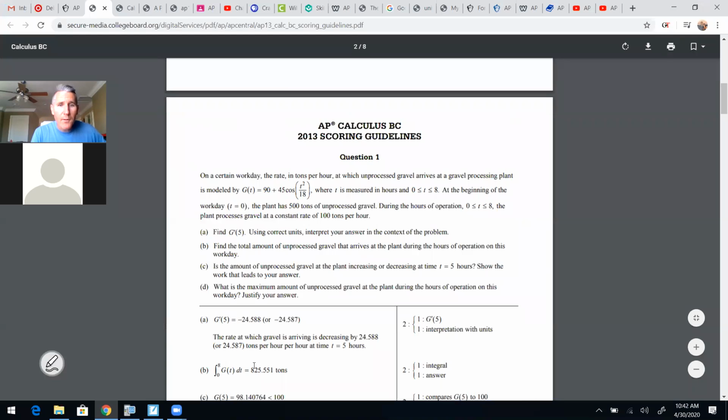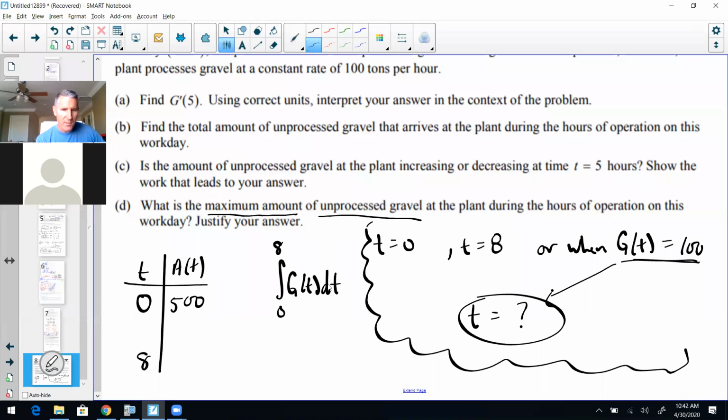We found that was 825.551. That's just how much gravel was brought to the plant that day.